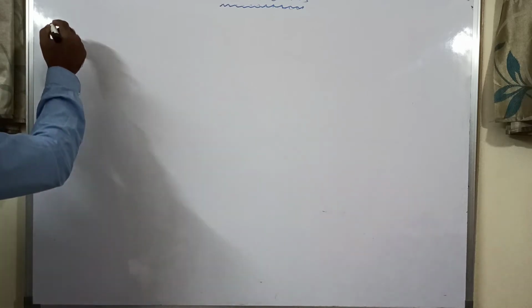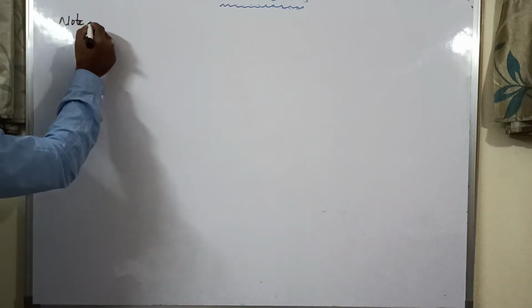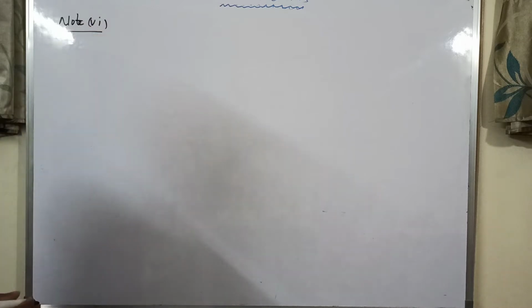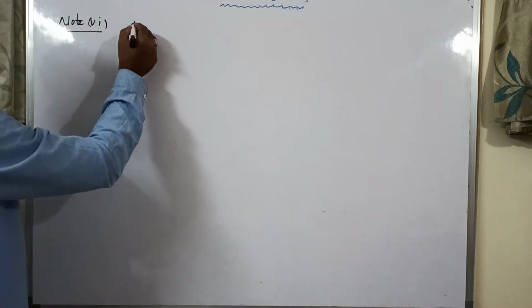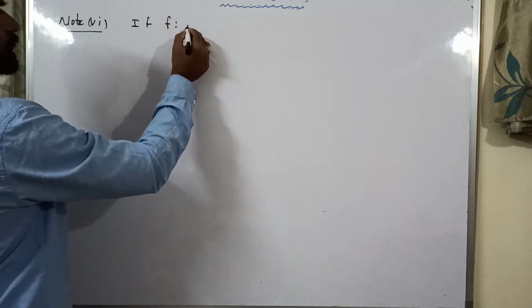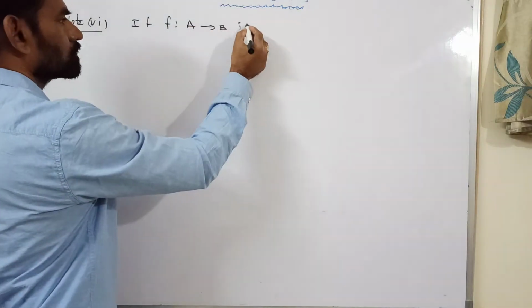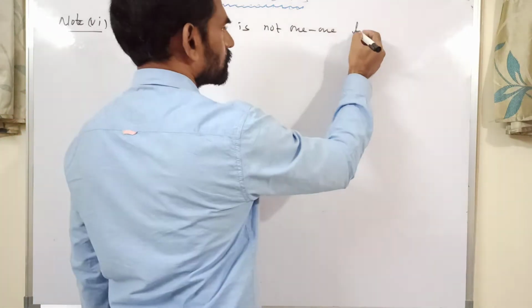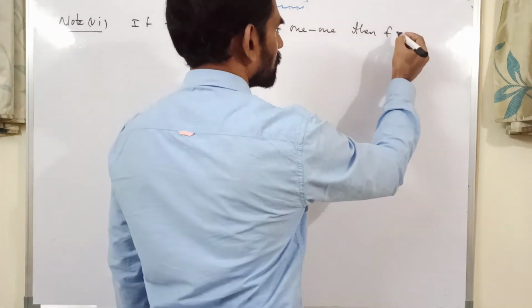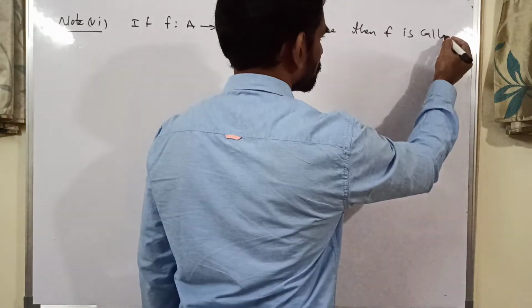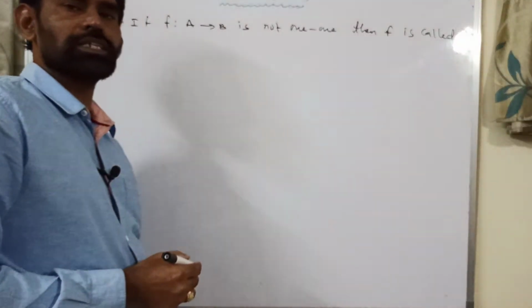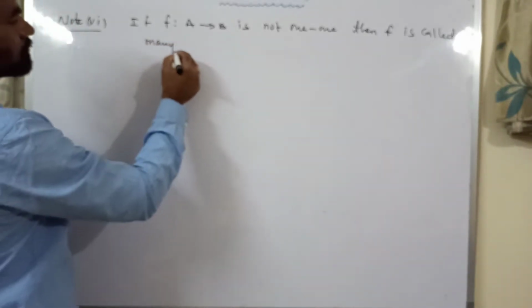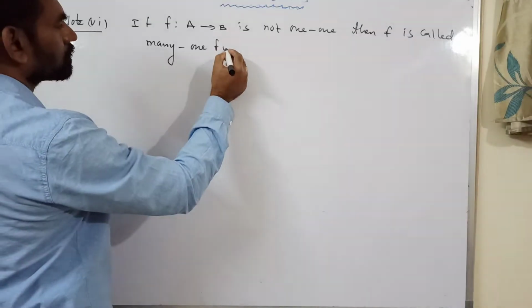Note 6. If f from A to B is not 1-1, then f is called a many-one function.